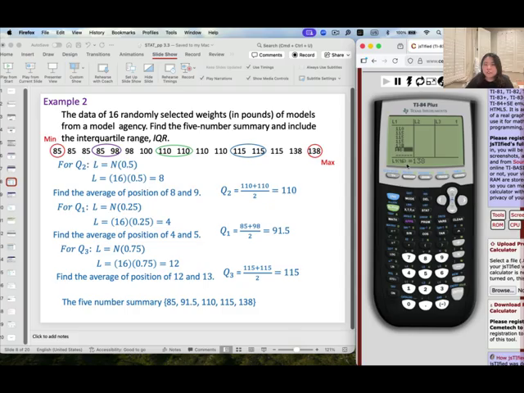And then, just like finding the mean and the standard deviation, click on STAT, go to CALC, and choose 1-Var Stats. My data is in L1, so second, 1 for L1. And then go to Calculate.